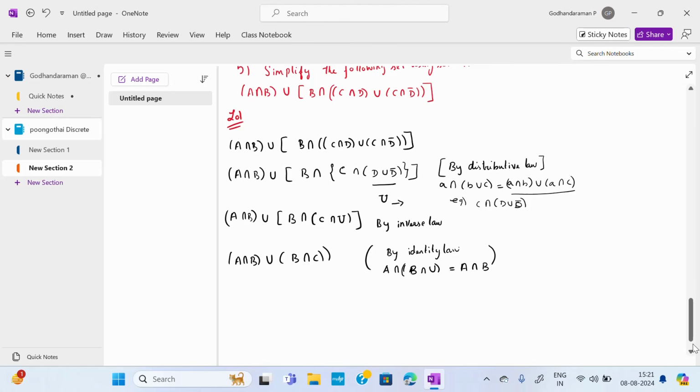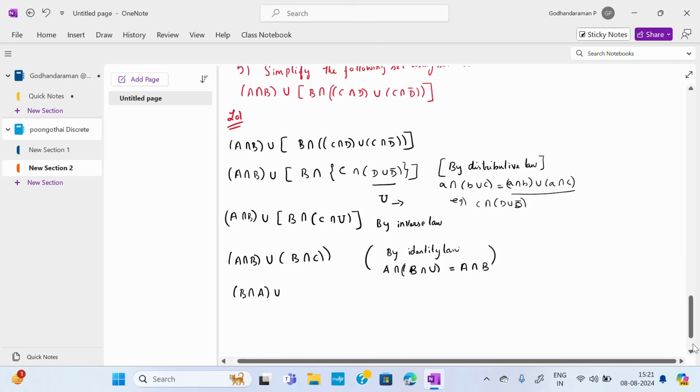Now A intersection B is nothing but B intersection A by the commutative law, union B intersection C by the commutative law. Both together, by the distributive law, B intersection A union C.